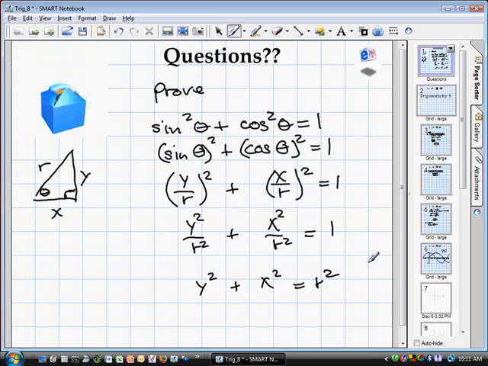Now, the cool thing about this one is the sine of theta is always a real number. The one I showed you the other day, the tangent of theta, sometimes is not. In fact, sometimes you get one of those undefined values at certain angles. We know that the tangent of pi over 2 was undefined, and the tangent of 3 pi over 2 was undefined. Well, you can't take an undefined value and square it.